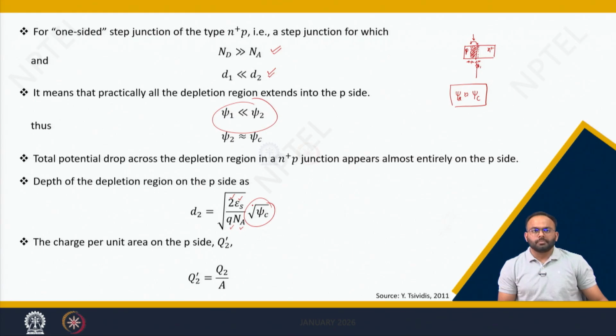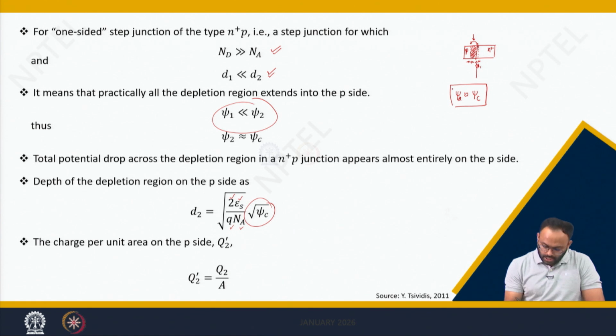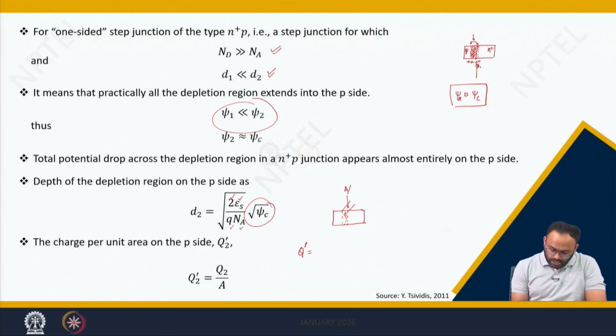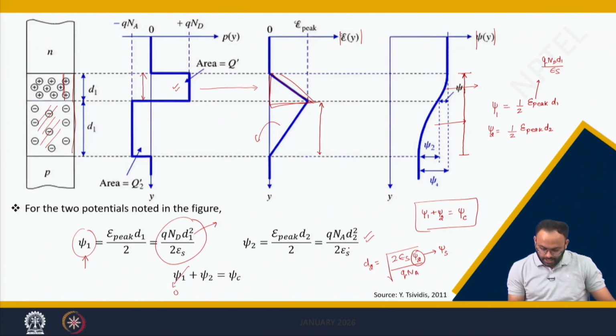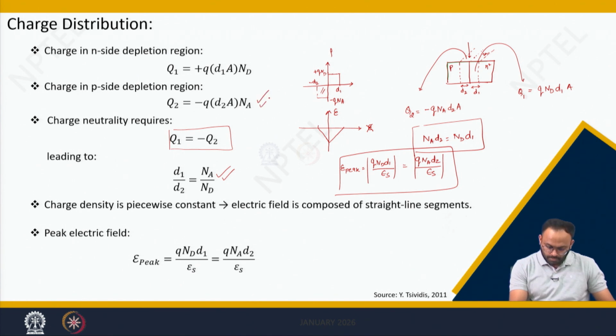Now, if we talk about the charge per unit area, it means we consider only the 2D plane and find out the charge available in this strip. So we divide by this area and calculate the total charge per unit area. Here Q dash stands for charge per unit area, which is nothing but Q2 by A. Here this Q2 can be taken from this.